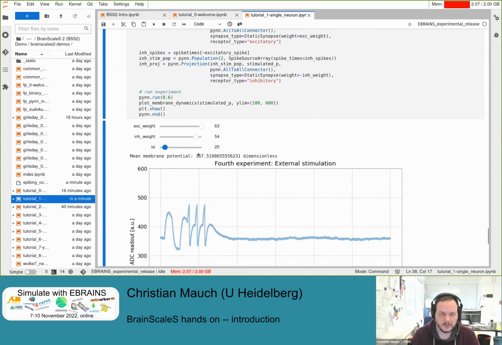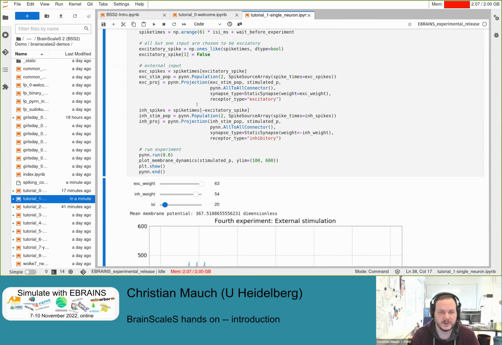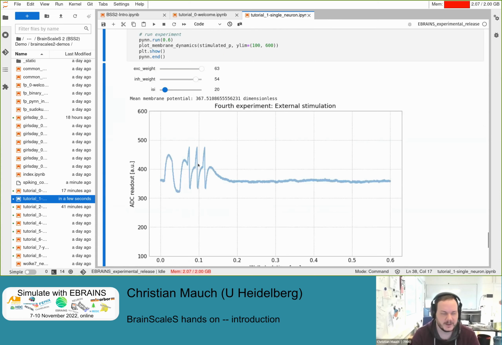Yes, so this was the rudimentary introduction to how to set up a small network, in this case only one single neuron. But I hope you got some understanding of how you can configure and set up such a neuron and investigate what is happening.